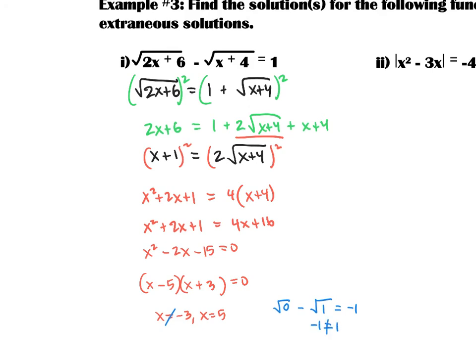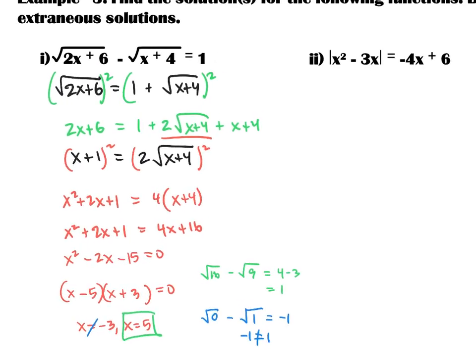If I plug in that 5, the first radical will be a square root of 16. The second radical will be a square root of 9. So the square root of 16 minus the square root of 9 is 4 minus 3, which comes out to equal 1. Therefore, x equals 5 would be a solution to that equation.